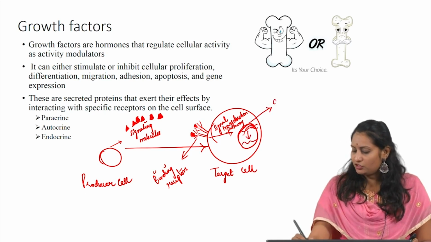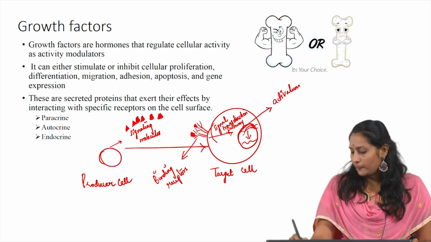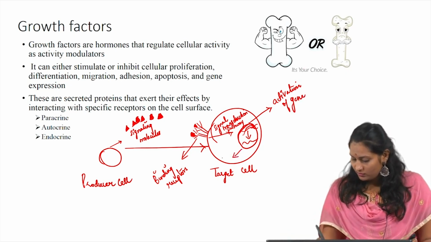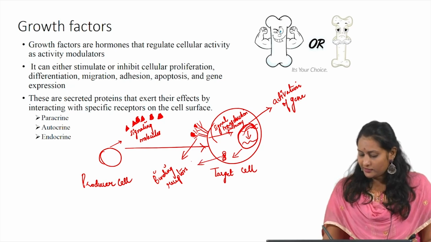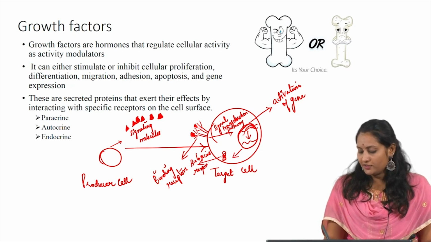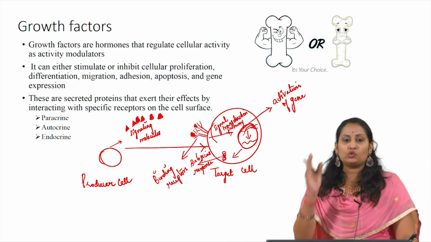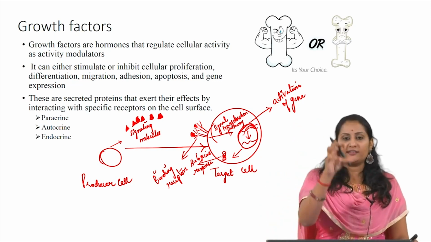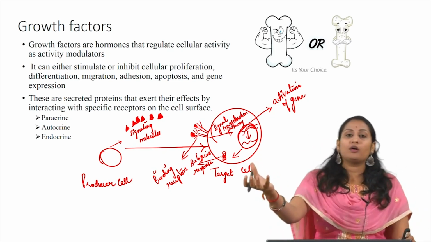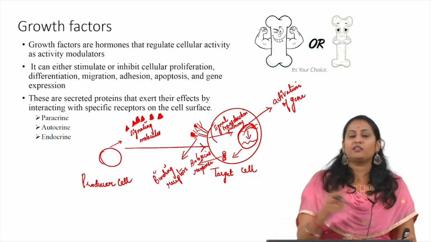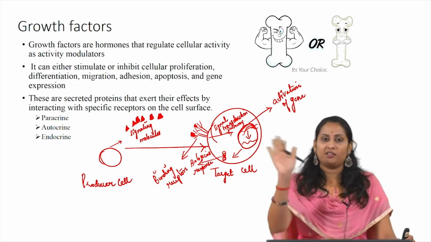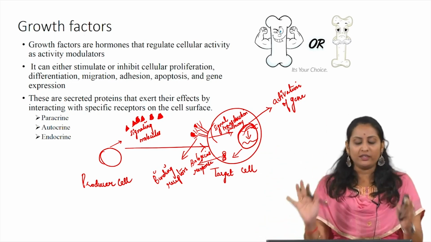This is the activation of the gene. So, this enhances the biological response. This is how the growth factors act. Signaling molecules bind to the receptor on the target cell, then they regulate the signal transduction pathway and the gene transcription, then they elicit the biological response. So, this producer cell has changed the response of the target cell with the help of growth factor. This is how it works.